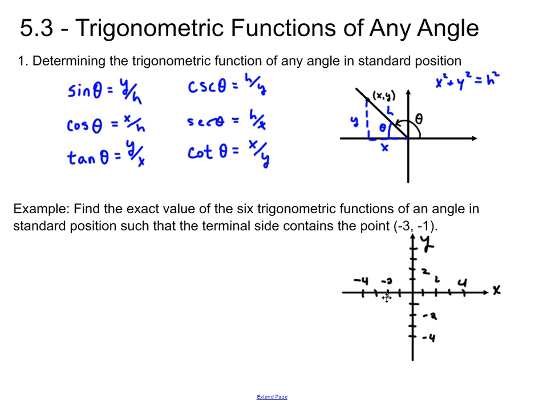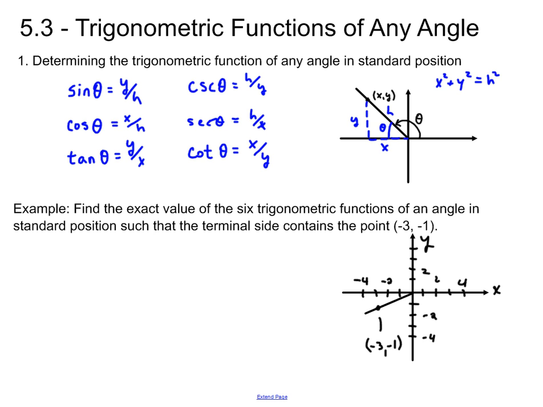If we take the point (-3, -1), it is located here. These are our x and y values, so like in our drawing above, we can draw a line from the origin through that point and treat this as a right triangle problem.